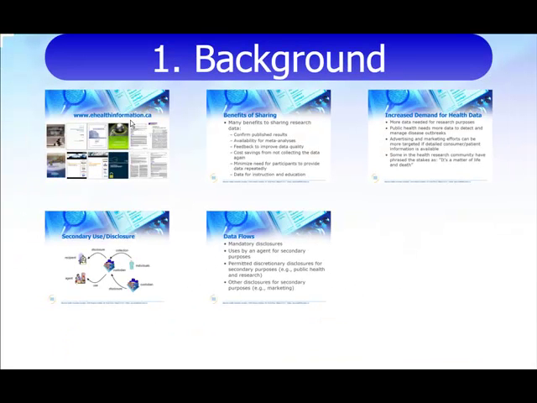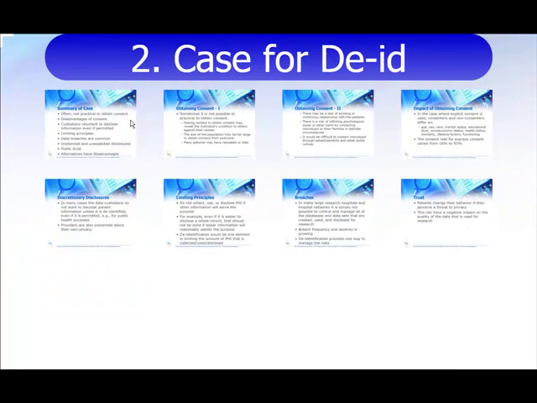Okay, so what I will cover now is the case for de-identifying, or anonymization of data, as a means to facilitate all of these data flows, either because it's the only way you're going to get the data or be able to share the data, or because it's prudent best practice to manage the risk when data is disclosed.